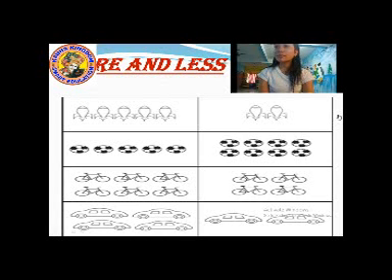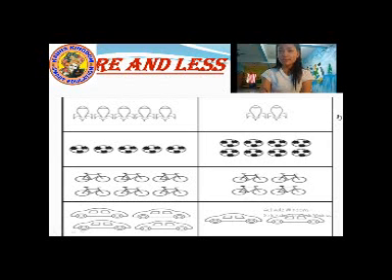In the third picture, on the left side there are 6 bicycles, whereas on the right side there are only 4 bicycles. That means 6 bicycles is more than 4, and 4 bicycles is less than 6. In the last picture, this is a car, right? On the left side there are 4 cars, and on the right side there are only 2 cars.